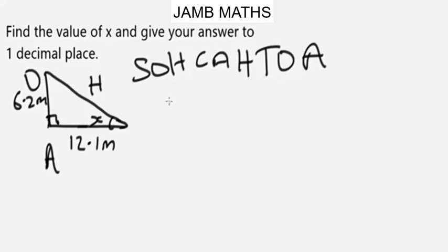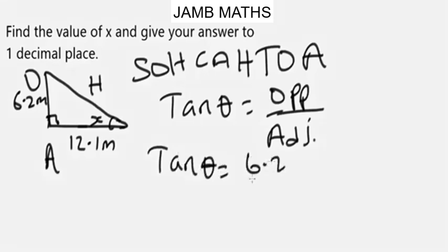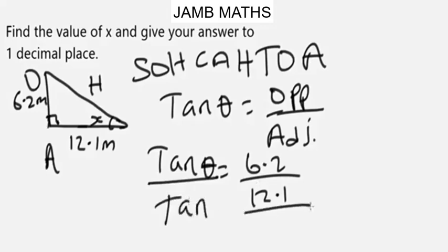So tan theta equals what? Opposite over adjacent. Okay, now when you plug in the values, tan theta will be, we have the opposite to be 6.2 over 12.1. Alright, so to make theta the subject of the formula, you divide both sides by tan.